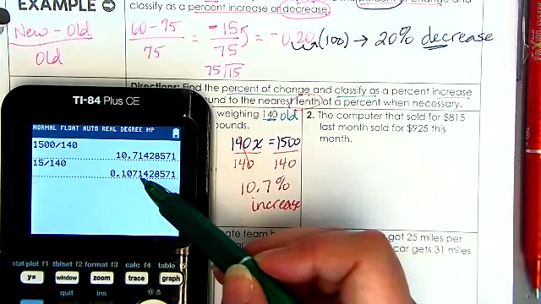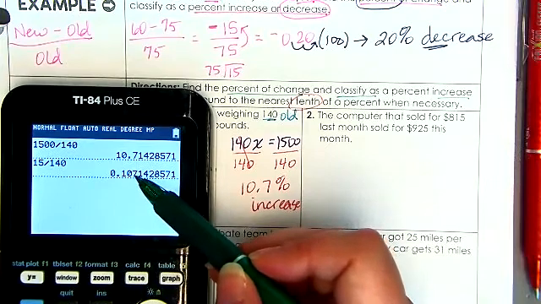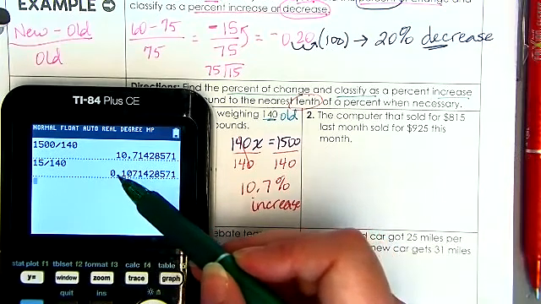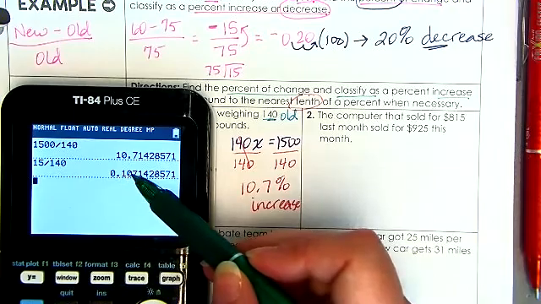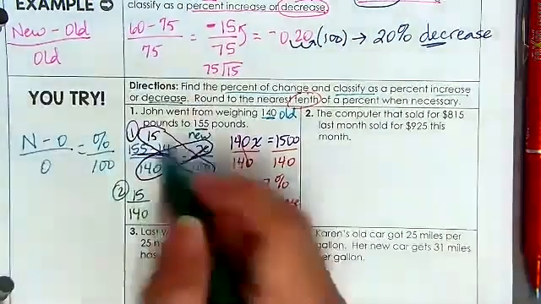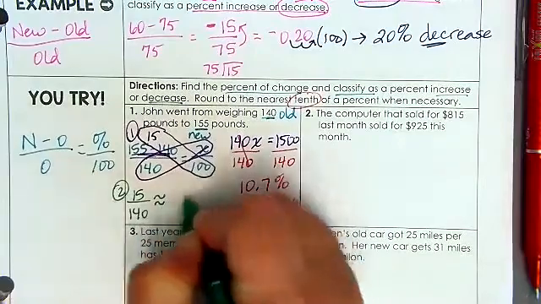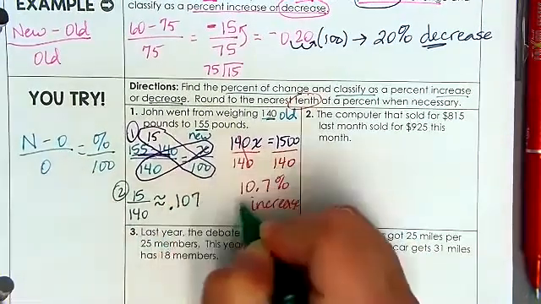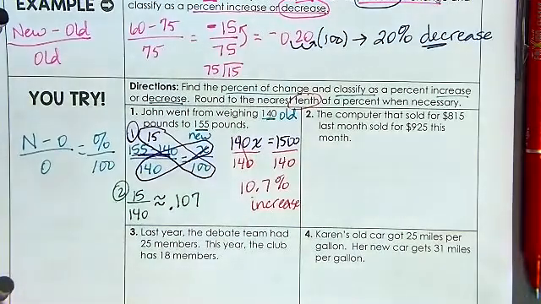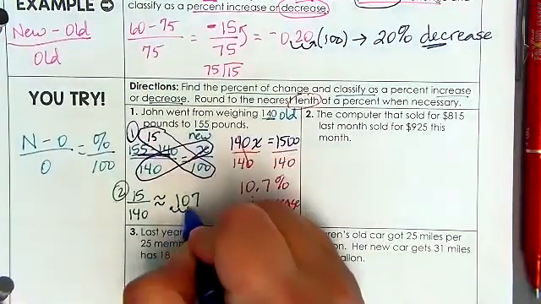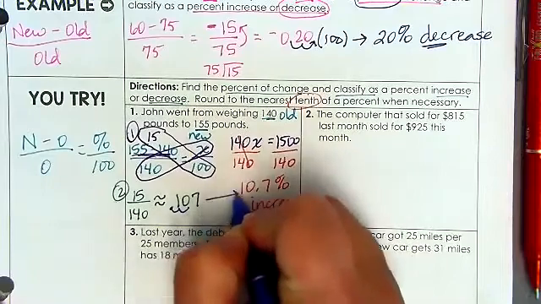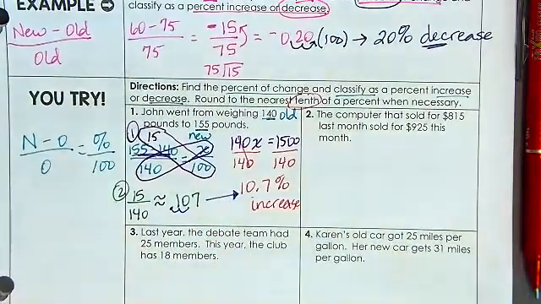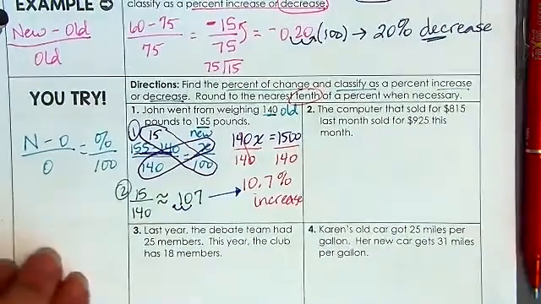Actually 4, because I've got to look at the 1 to make sure that I round the 7 correctly. Because remember, we have to move the decimal twice. So we end up with about 0.107. And then we move the decimal twice and we get 10.7% increase. You're going to do the odds for the rest of the problems.